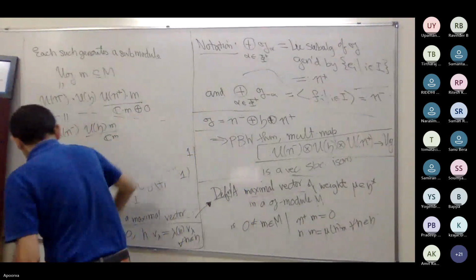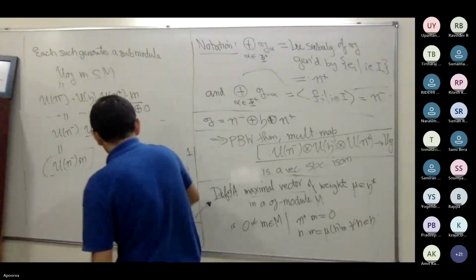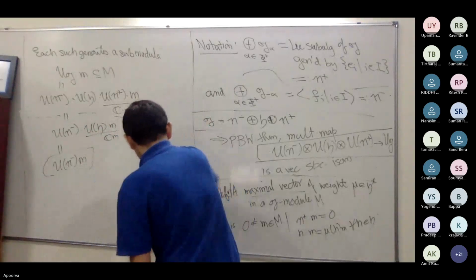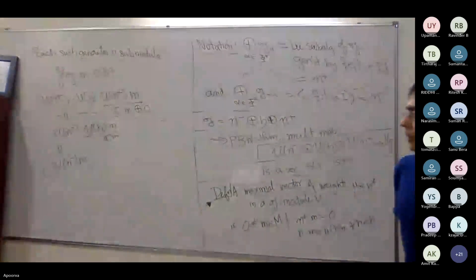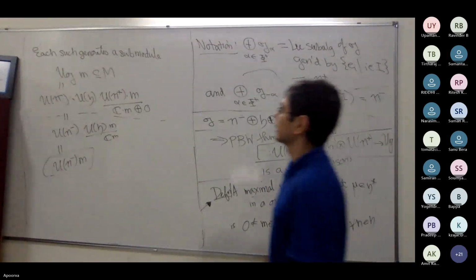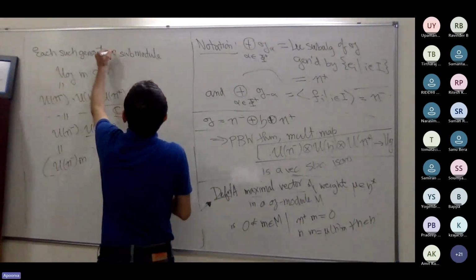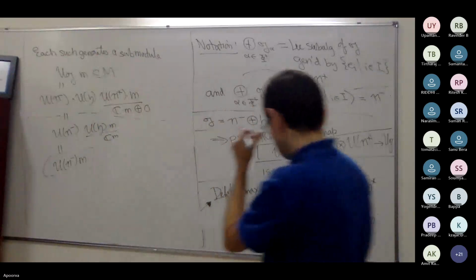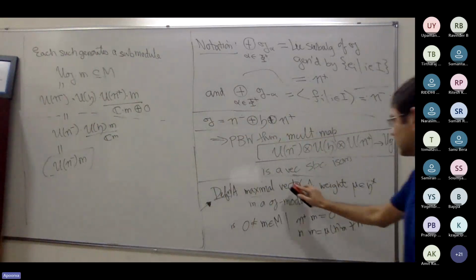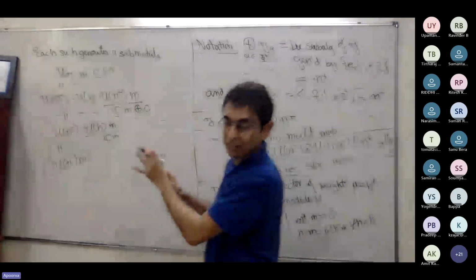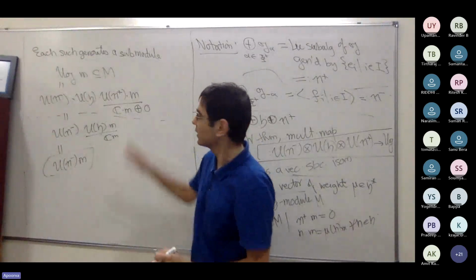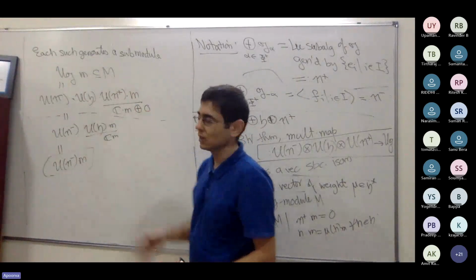Fine. So these are what maximal vectors are, and this is how the entire UG acts on any maximal vector if you ignore the first two parts.